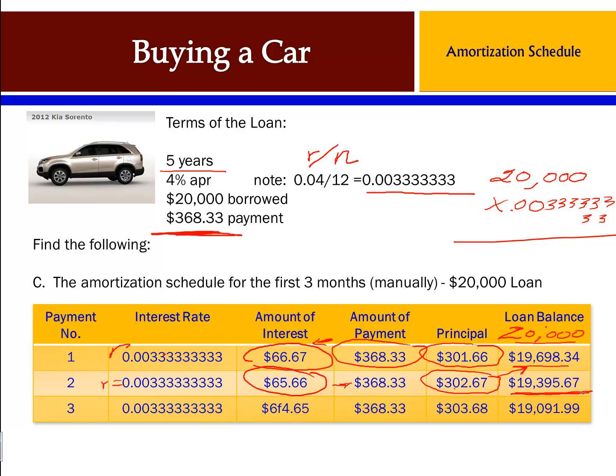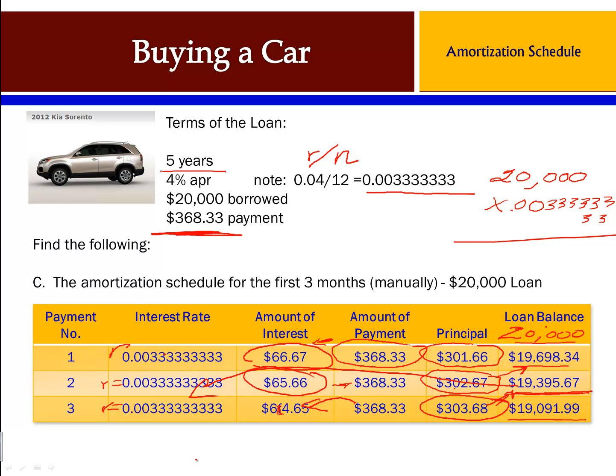Take the current balance, multiply it times the rate. So that's this 19,000 times this number. You will get this amount for interest, $64.65. Subtract that from the payment to get the principal. Reduce the previous month's balance by the principal only.